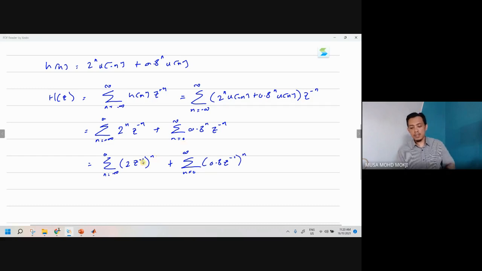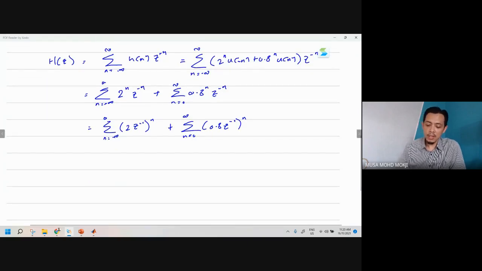So what is inside that bracket? That one is what we call a common ratio. This is very important because we need to check for convergence. How do we check convergence? It is from this common ratio. That's why we group it and put it into a bracket, because this is the common ratio.